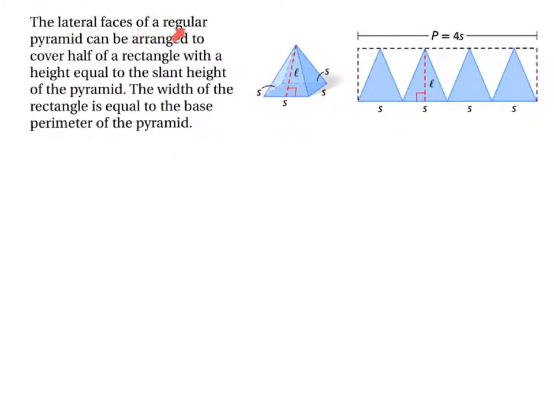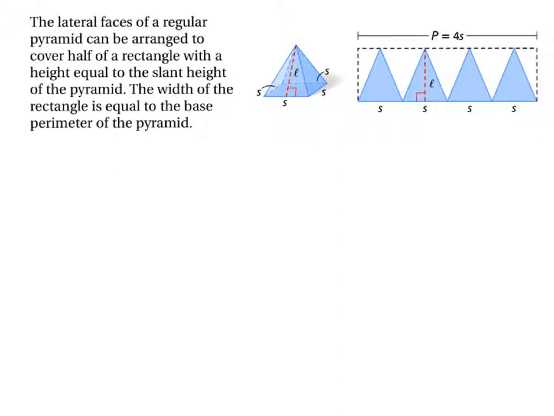The lateral faces of a regular pyramid, so the faces all the way around, can be arranged to cover half of a rectangle with a height equal to the slant height of the pyramid. The width of the rectangle is equal to the base perimeter of the pyramid. That is really confusing. Let's do this again.